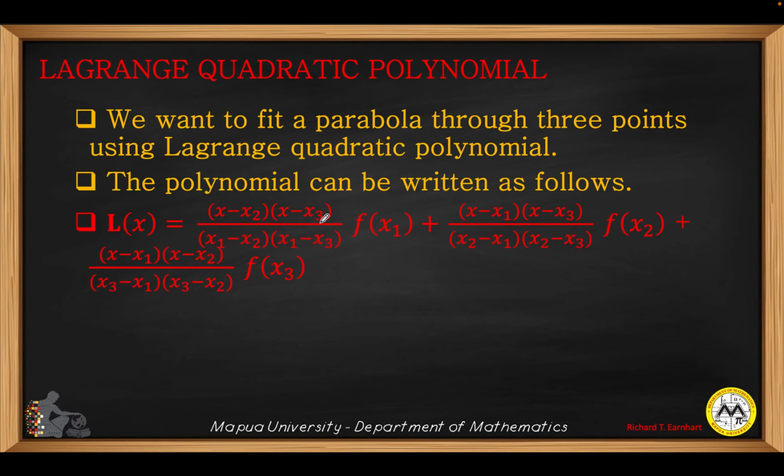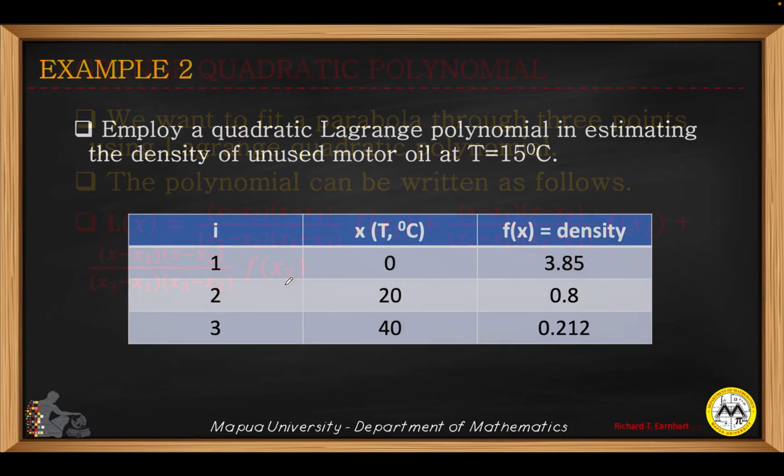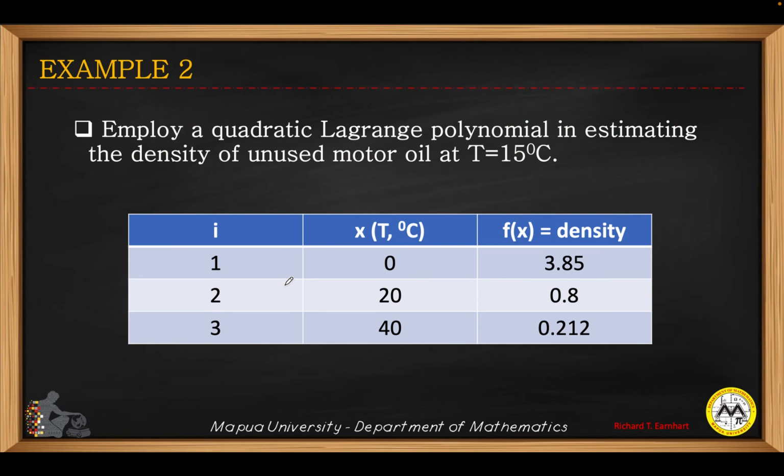And then the value of y at x sub 1 is f of x sub 1. This is the value of y at x sub 2, and f of x sub 3, the value of y at x sub 3. So given the 3 data points, we substitute in the Lagrange formula, okay, to get the quadratic polynomial.